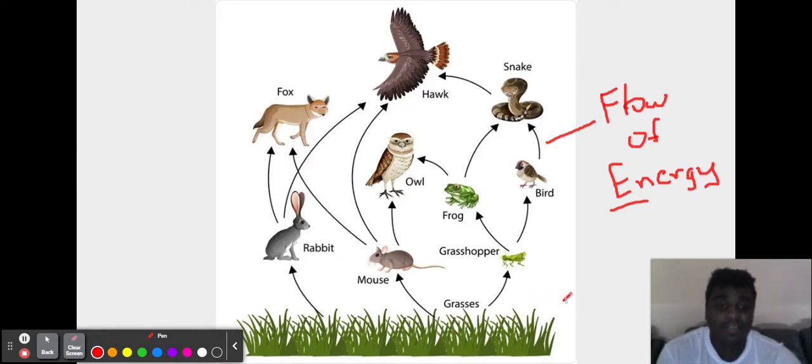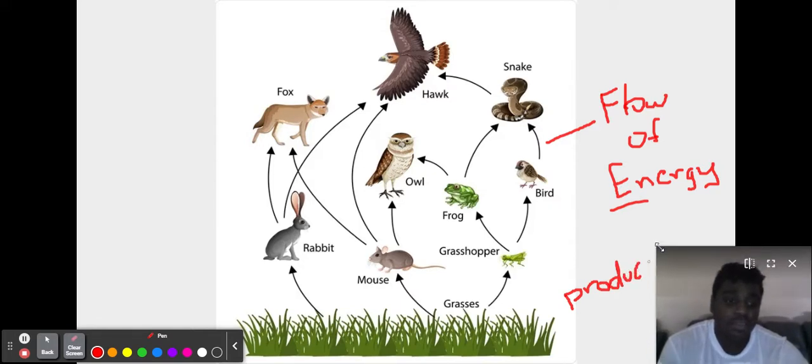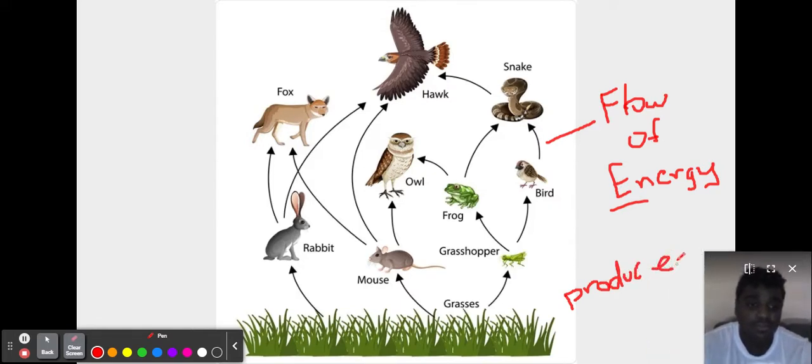So the grass, because we know that grass is a plant, this would be the producer, because producers are the start of every chain, and a food web is just many chains, right? So this is still a producer. Next, all three of these organisms, grasshoppers, mice, and rabbits, all three are organisms that eat the grass, and so they are known as primary consumers, right?